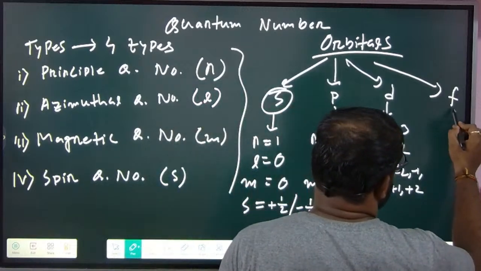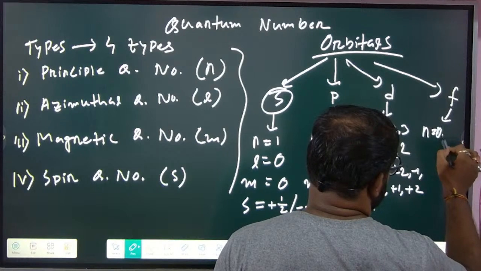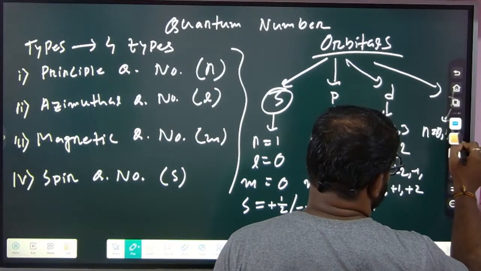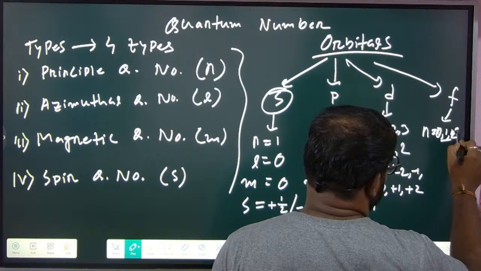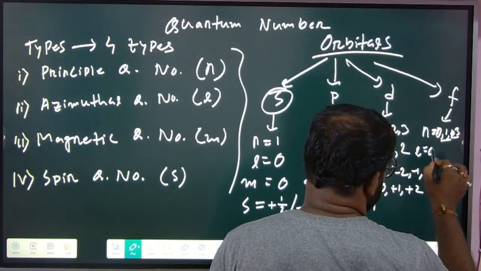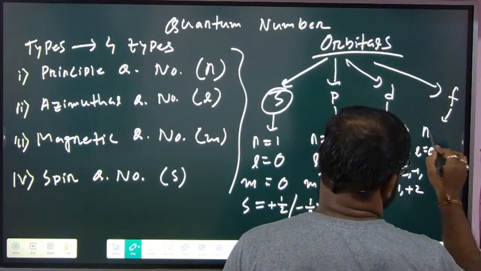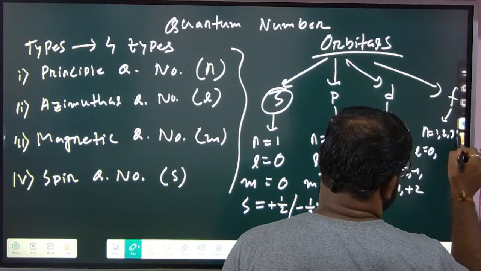And for F orbital, we have the value of n equal to 1, 2, 3, 4. Sorry, there's some mistake done.